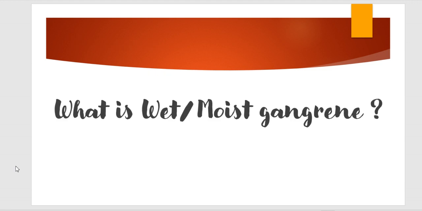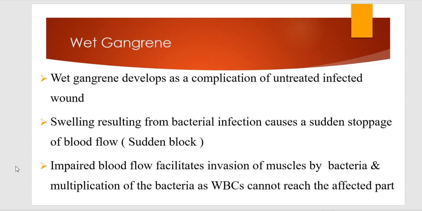Now, the next question is, what is wet or moist gangrene? Wet gangrene usually develops as a complication of an untreated infected wound, like in diabetic patients.